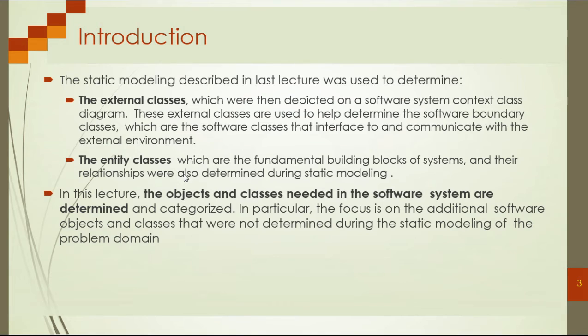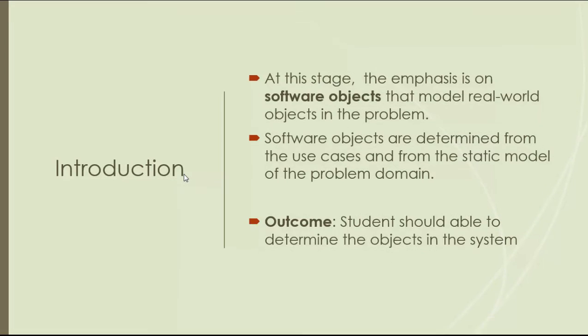So in this class, we will focus on determining the object and how we can construct the object of the real world system, the object that reflects the real problem. So here we're focusing on the software object that models the real world object.